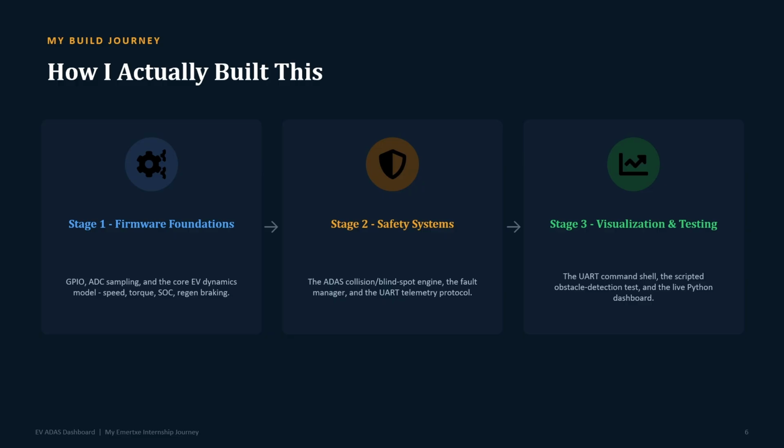Once that was working, I moved on to implementing the ADAS logic, fault handling, and UART communication between STM32 and the dashboard. Finally, I focused on visualization and testing by developing the Python dashboard and adding the features required to monitor and demonstrate the complete system. Building the project in stages helped me debug each module individually before integrating everything together.